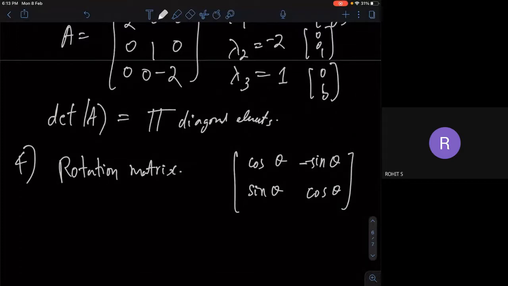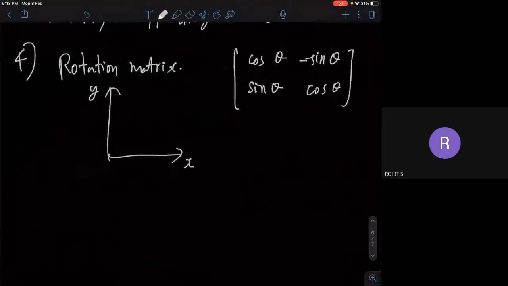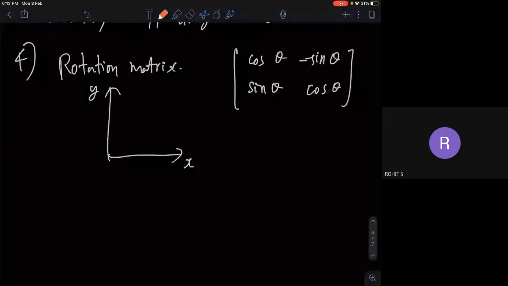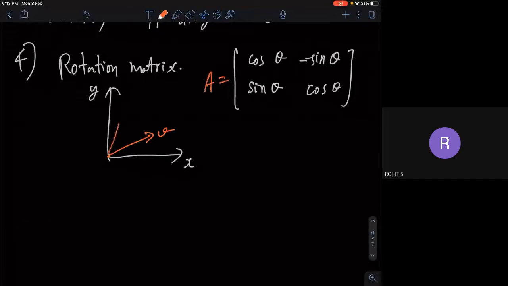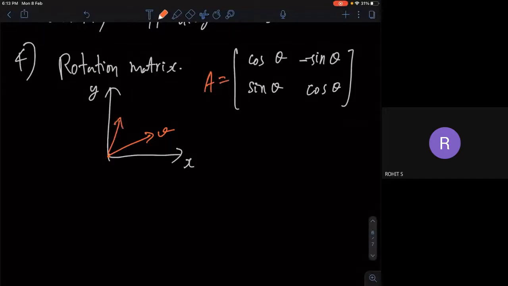So if this is your x, this is my y, and here is my vector v. I'm going to call this matrix A. This is AV, and this is going to be theta.